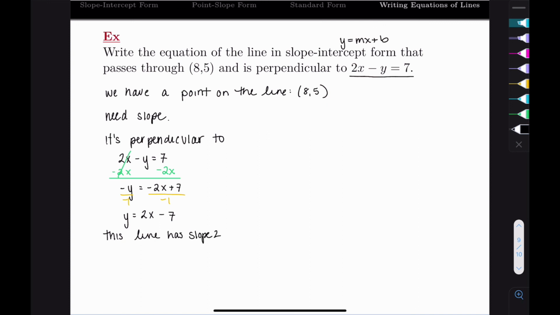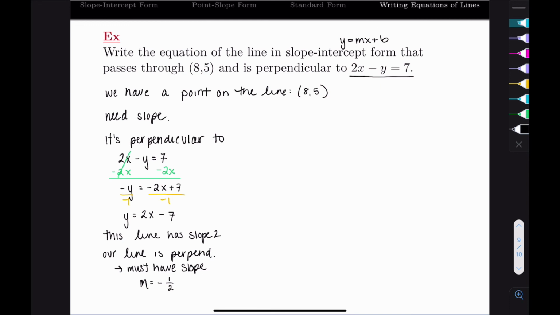Our line is perpendicular, which means it must have slope m, which is the negative reciprocal. So the reciprocal of 2 is 1/2, and I want the opposite sign.